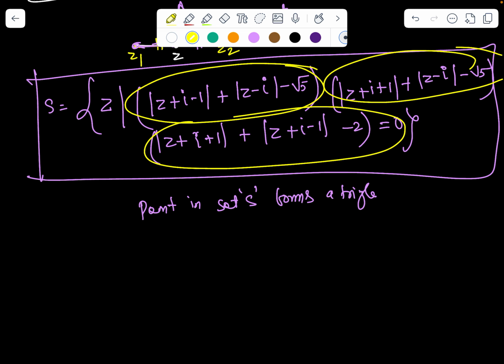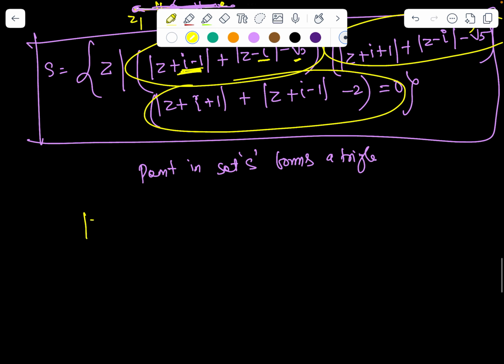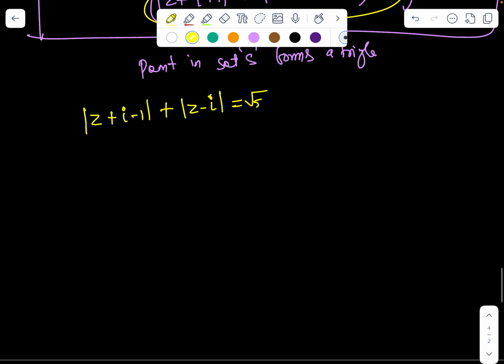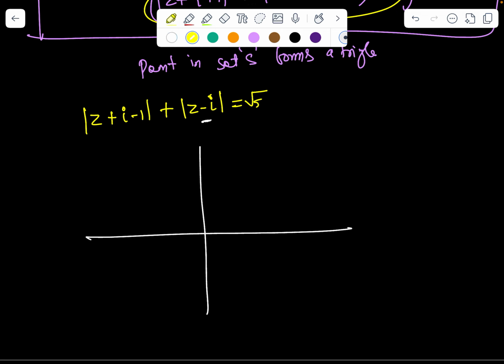So first, you can clearly see the distance between i minus 1 and i, which is 1 minus i, and that is root 5. So the first expression I can decode as mod of Z plus i minus 1 plus mod of Z minus i equals root 5. What does this locus make? Let's see. This represents distance from the complex number iota, and this represents Z minus 1 minus i.